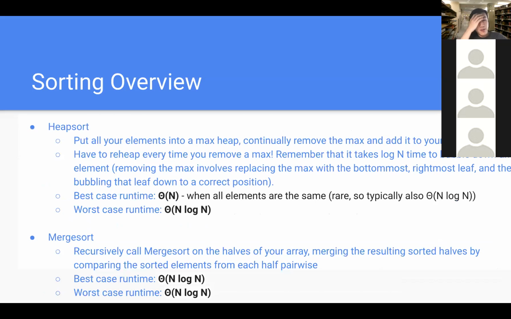Okay, so heap sort is rather different, because for heap sort, you first have to put all your elements in a max heap, and then you want to remove the max element on the top and add it to the array that you're building, and then you want to reheap.